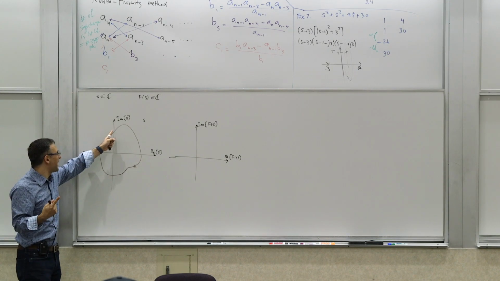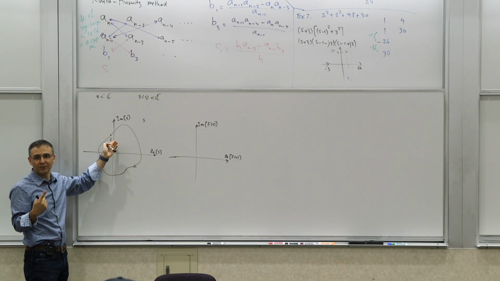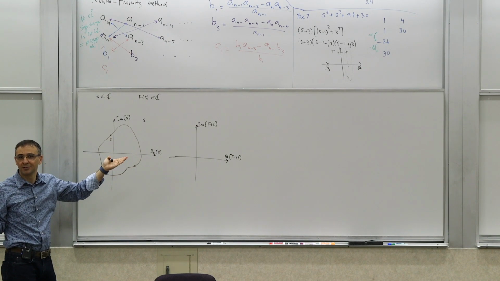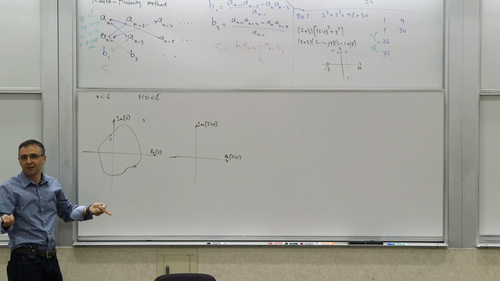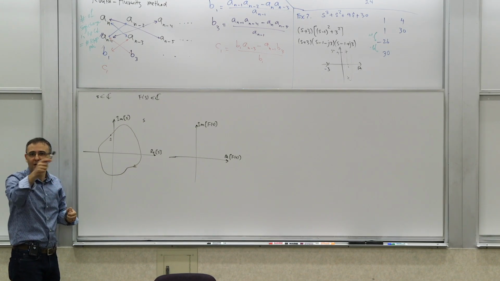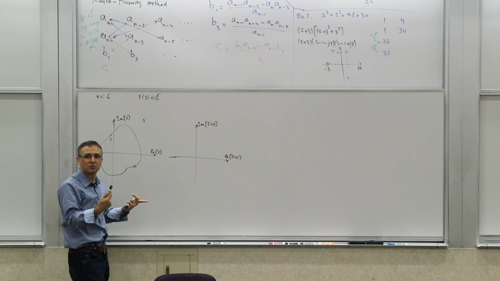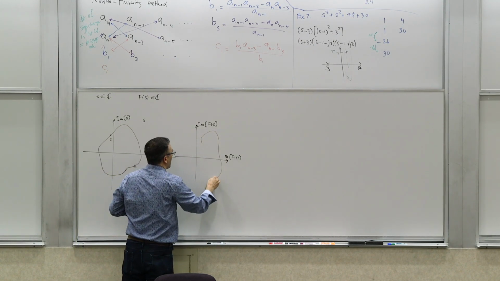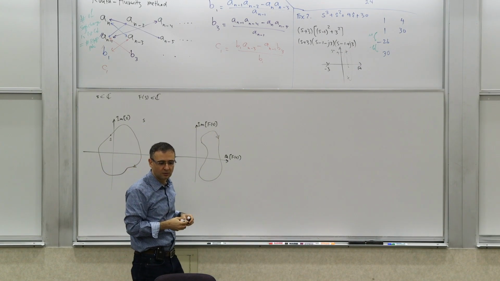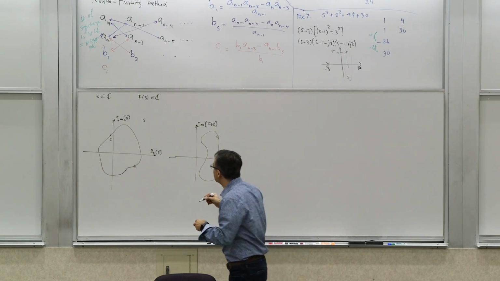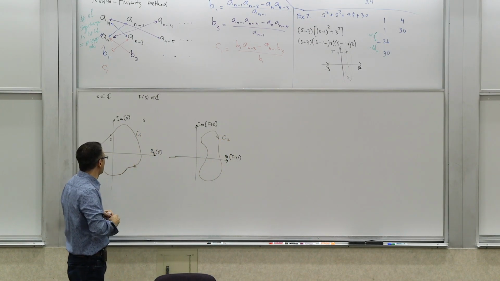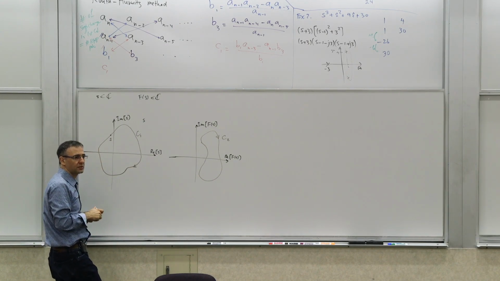Because the value of s comes back to the original value. So if f is single valued for a given s, it has to come back to that value. It's a closed contour. I mean, it may go over itself multiple times. It may do all sorts of crazy things, but it has to be a closed trajectory. So I'll show it like this. Some closed trajectory, right? We can call this C1, and we call this C2. So there's a closed trajectory here and a closed trajectory there.